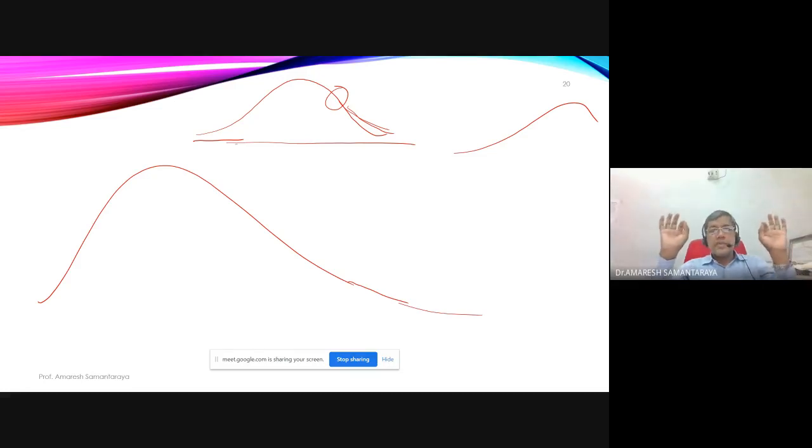Once I know this probability distribution, and if it has certain features which are suitable for our conclusion, then we will be able to make some conclusion about beta 1.